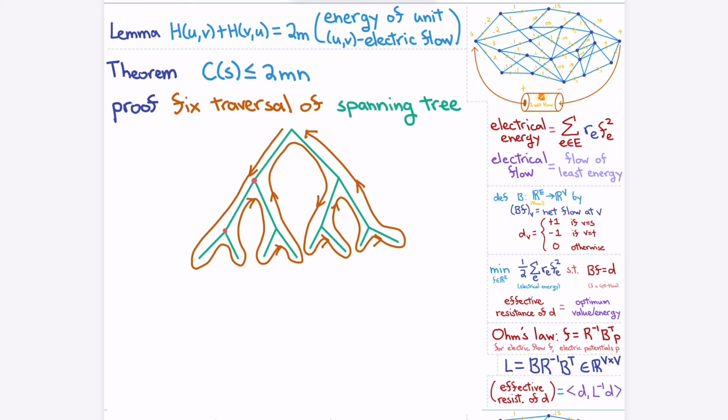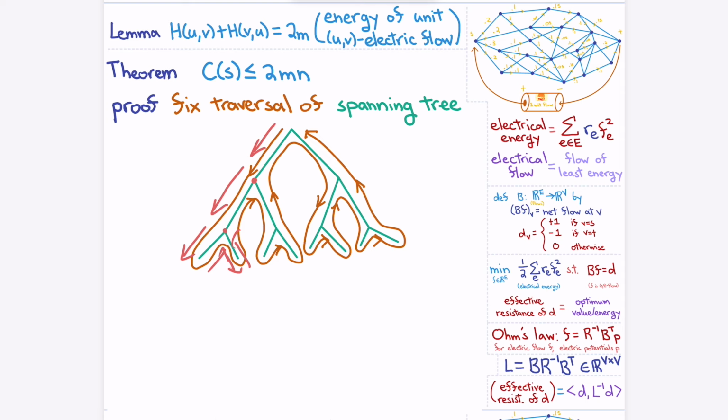And now how long does it take to go from here to here? H_UV for those endpoints U, V. It might go all over the graph before it gets to here, but it'll get to there. And then how about there? Another H_UV, another H_UV. And a nice thing about this traversal is that you use each edge twice, once in each direction. So for each of these undirected edges, you'll get an H_UV going down the tree and H_VU coming back up.